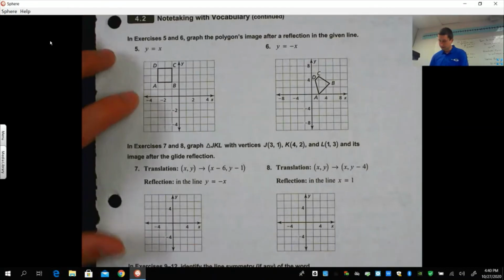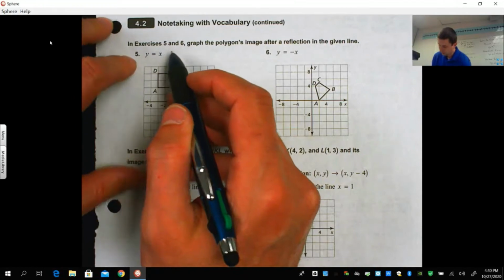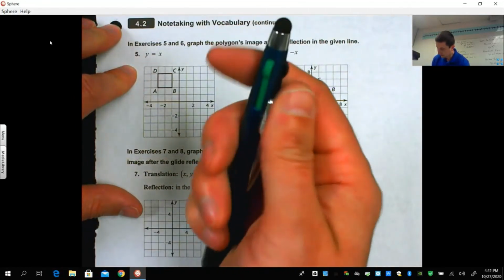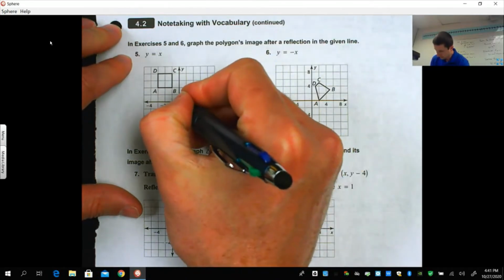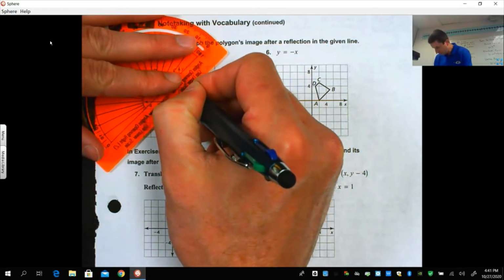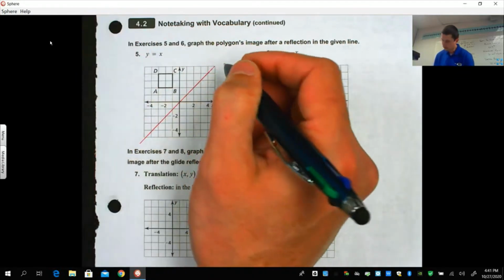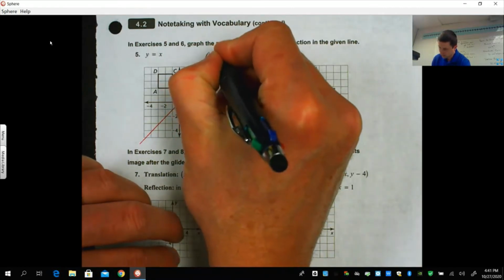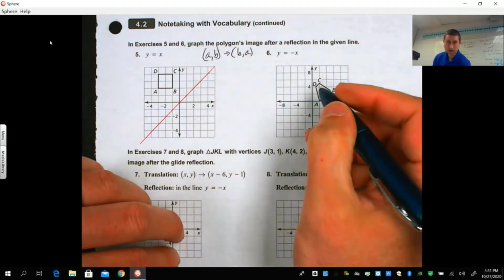These questions here, graph the polygon's image after reflection in the given line. So y equals x is the line that goes through here with a slope of 1, y-intercept is 0. And what's helpful sometimes is to write down the rule. So A, B goes to B, A. That's the rule for line at y equals x.